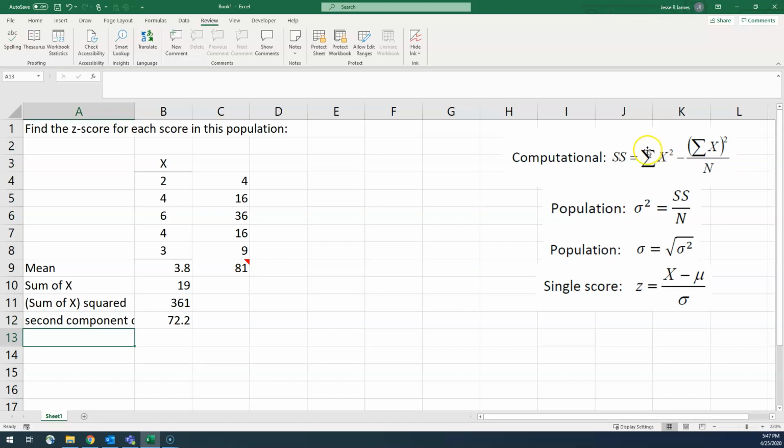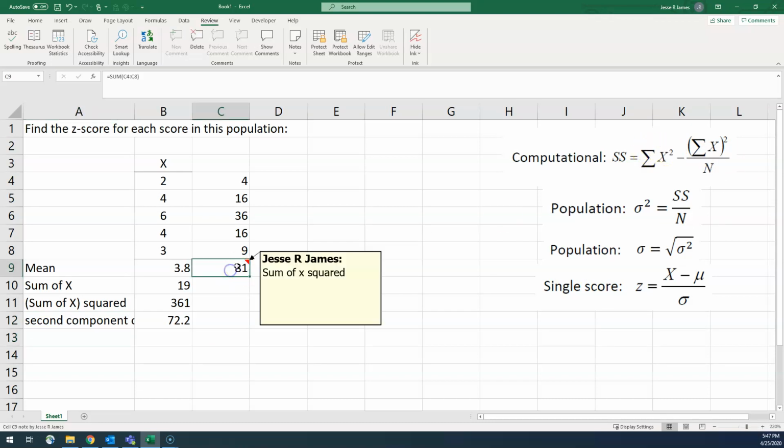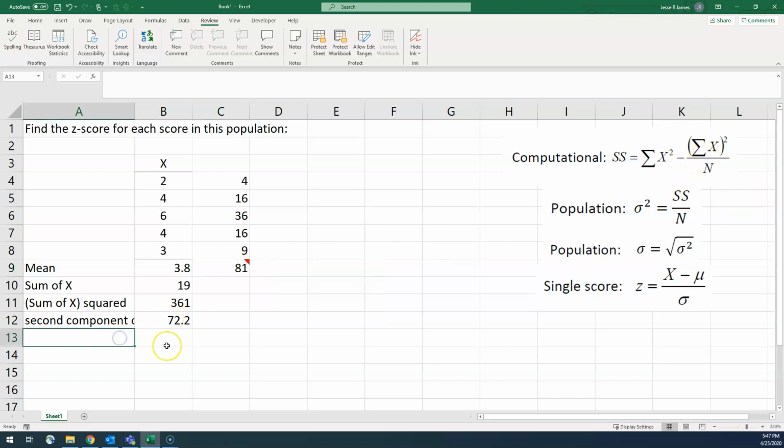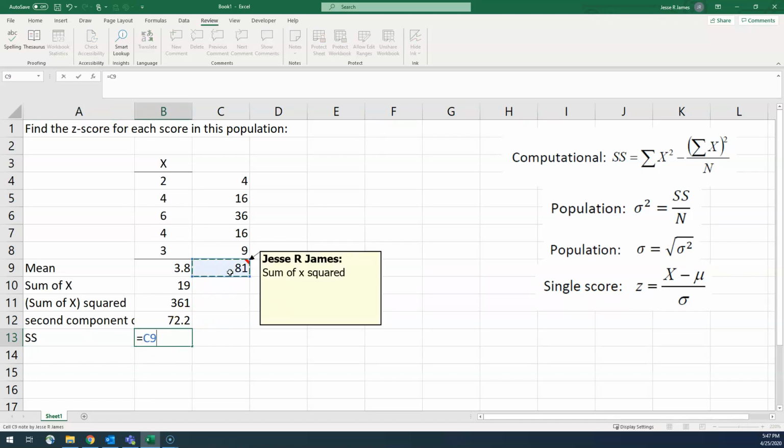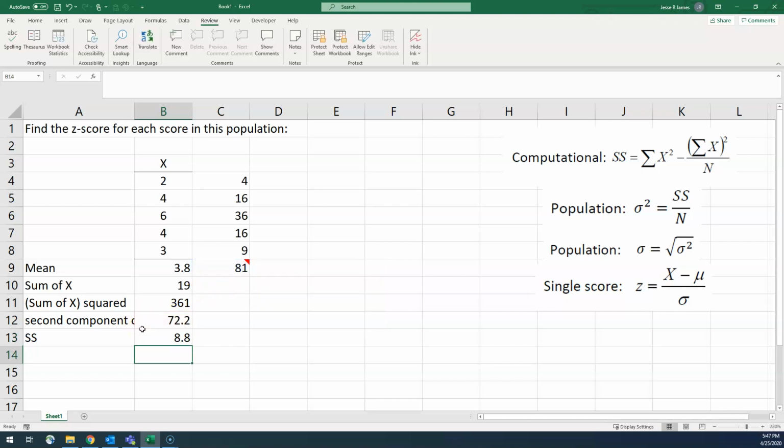And if I take the sum of x squared, which I just computed up here as 81, and I subtract from it the 72.2, I can write down here that this is the sum of squares. It equals the sum of x squared minus the second component of the equation right there, and you get 8.8 as the sum of squares.